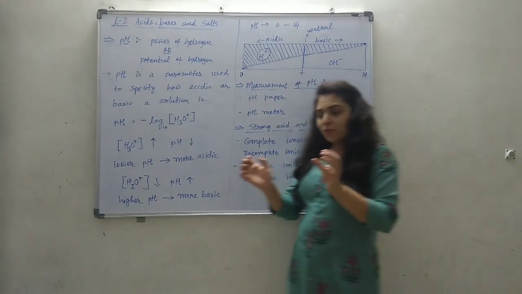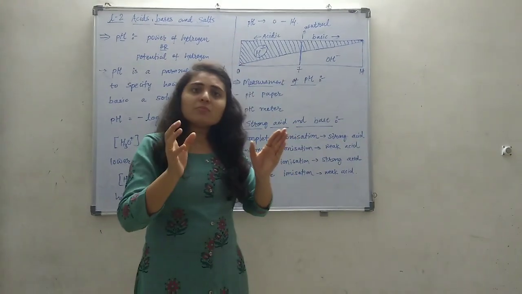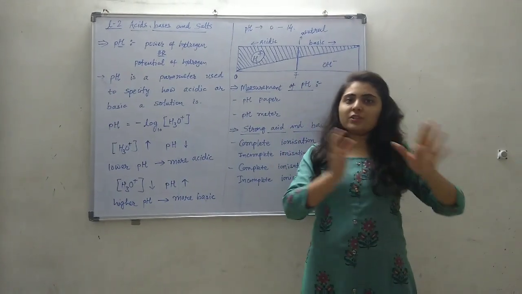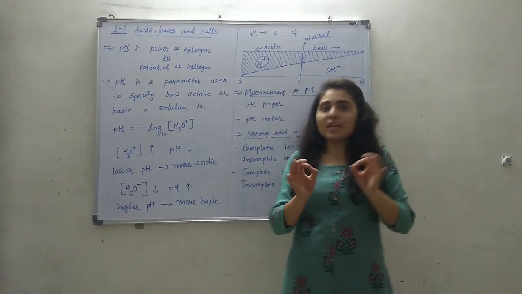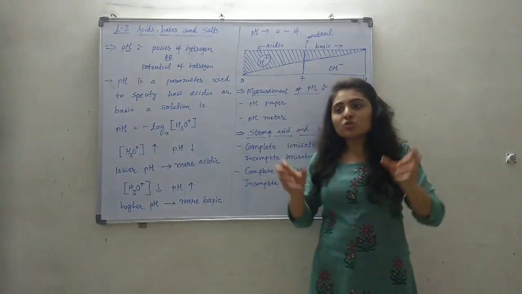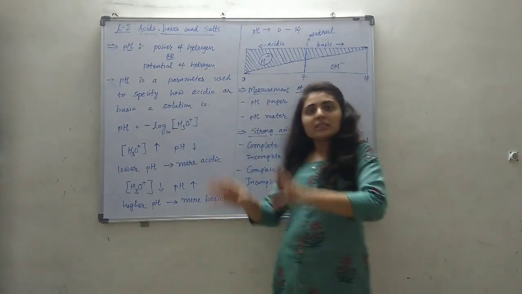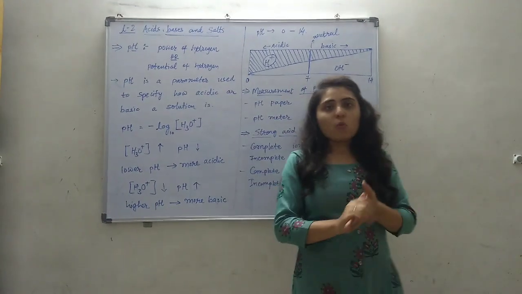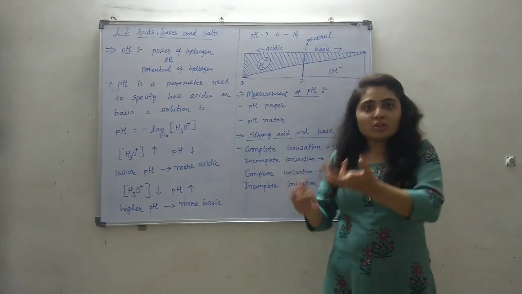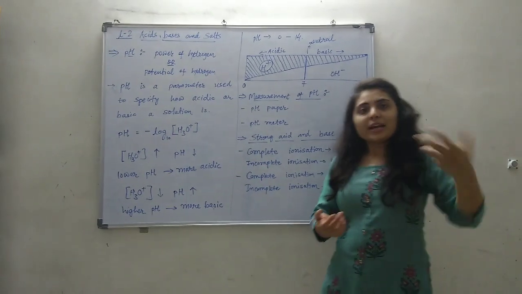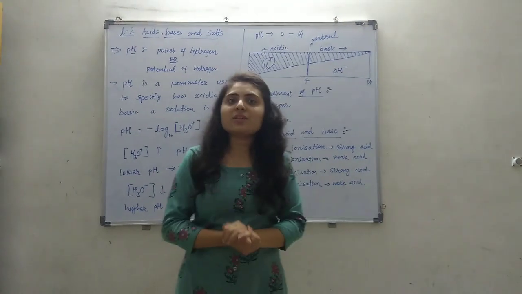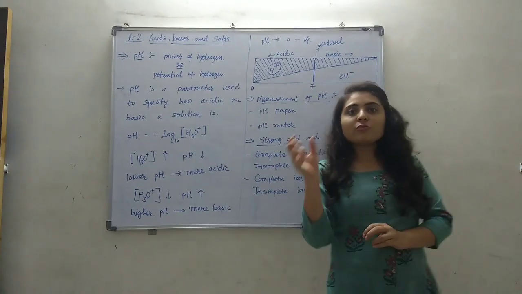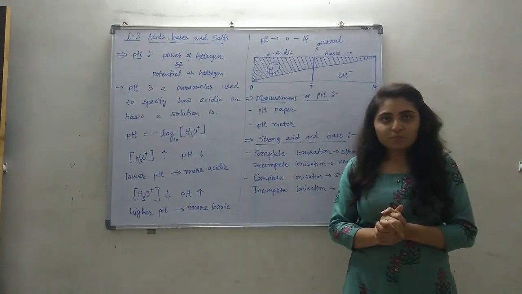Now, suppose we take the same concentration of hydrochloric acid and acetic acid, the same amount, and add them to water. HCl will give a hydrochloric acid solution and acetic acid will give an acetic acid solution in water. The amounts of HCl and acetic acid are the same.